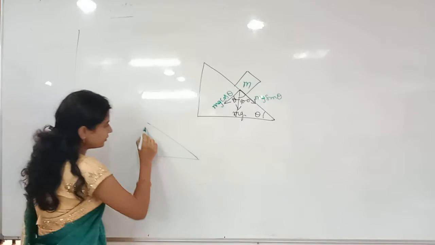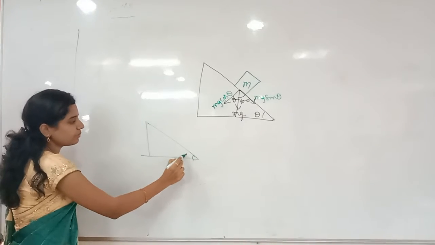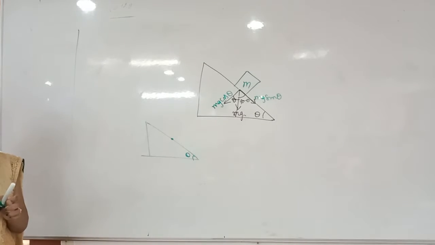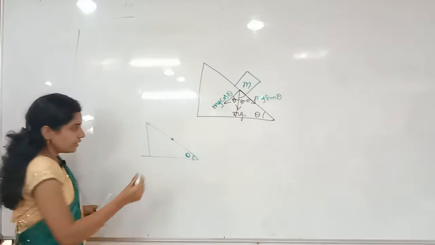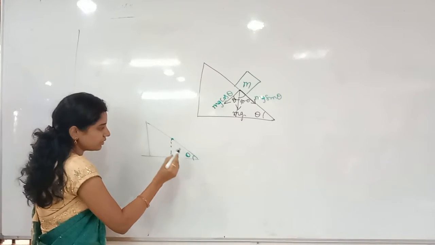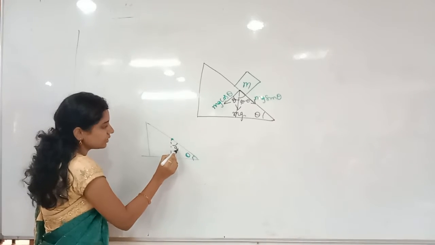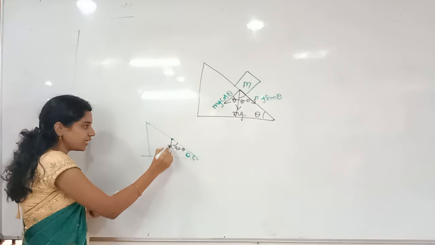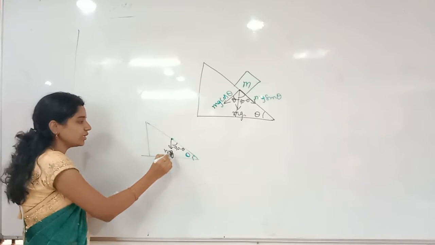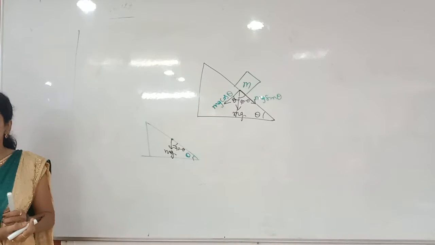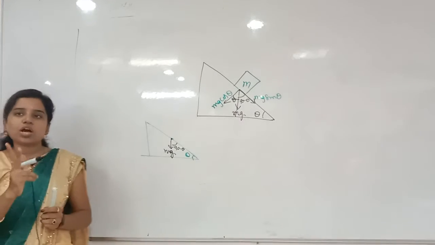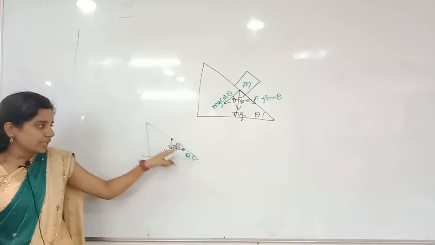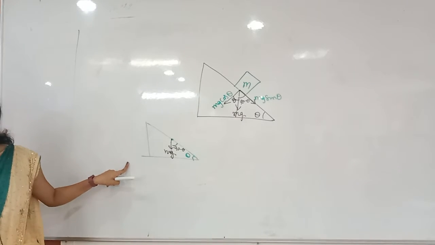So look at the angles again properly. Here I have taken the inclined plane like this, and at this point I am discussing all the forces. For that I will draw a perpendicular here. If this is theta, then this is 90 minus theta, obviously. Vertically downwards, mg will be acting on the body. Now I want two components of mg, one along the inclination and another perpendicular to the inclination.